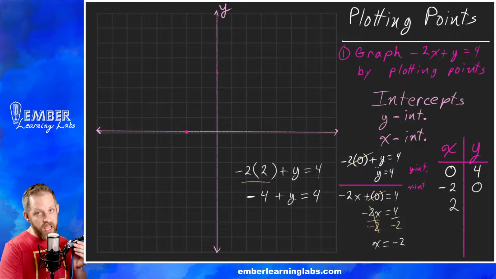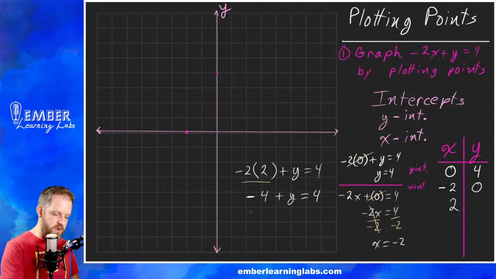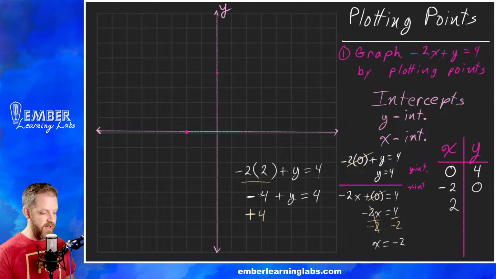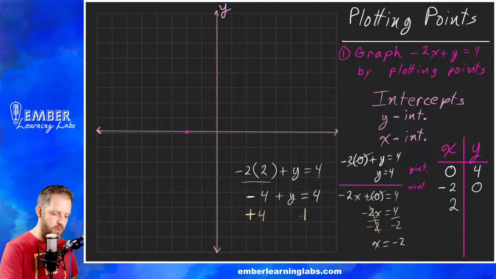And again, if you're trying to remember whether you add or subtract, you want to do whichever one is going to get rid of this number. If we were to do -4 minus 4, that would be -8, not 0, like we want it to be. So we're adding 4 to both sides. These cancel, leaving us with y equals 8.